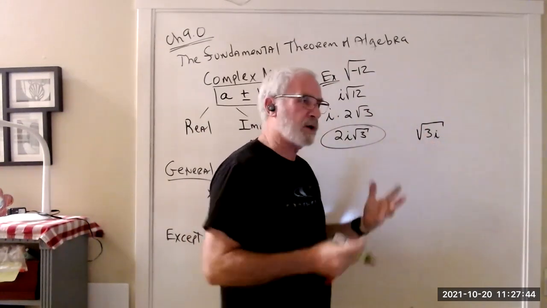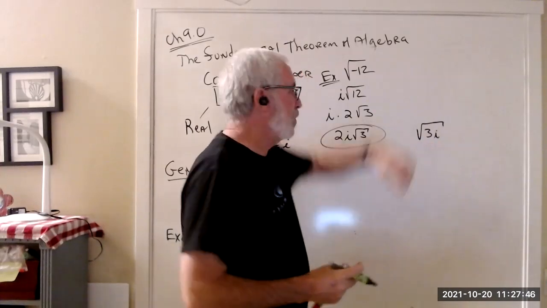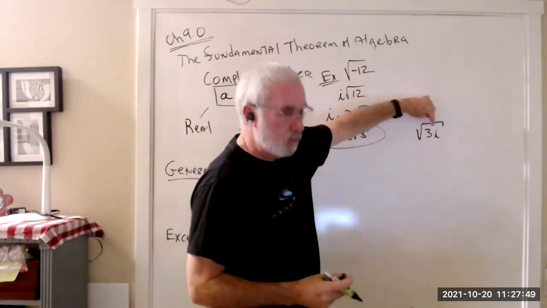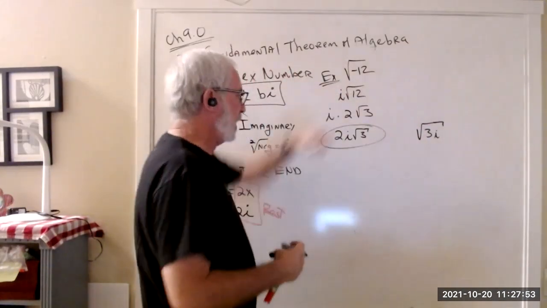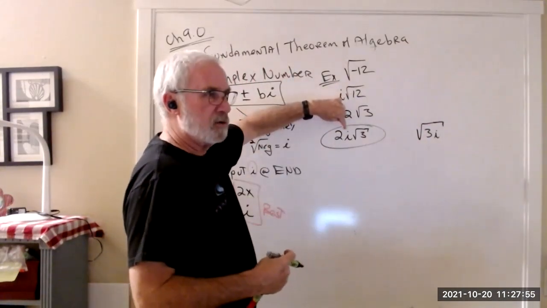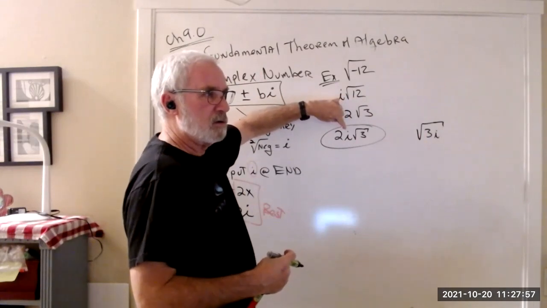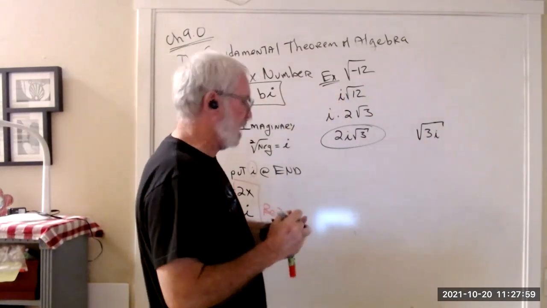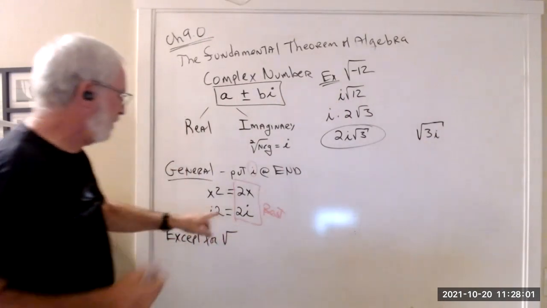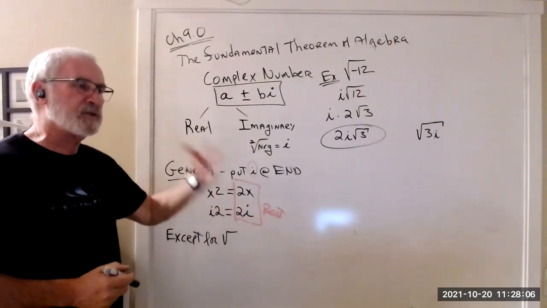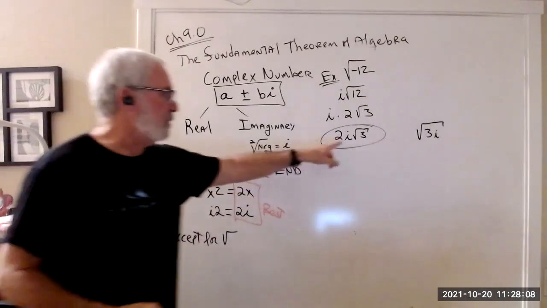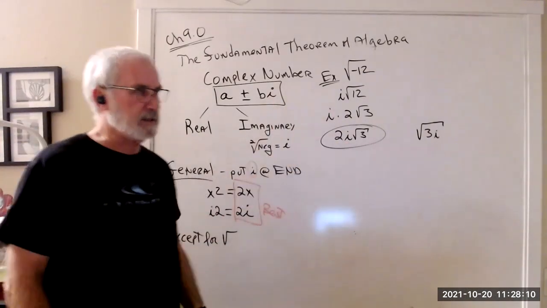So we don't want to confuse the issue. If we want the i inside a radical, we put it inside. But if we want the i out of the radical, we put it in front. People wonder why students hate math. So if it's a normal looking number, you put the i in the back. If it's a radical number, you put the i in the front. That's it.